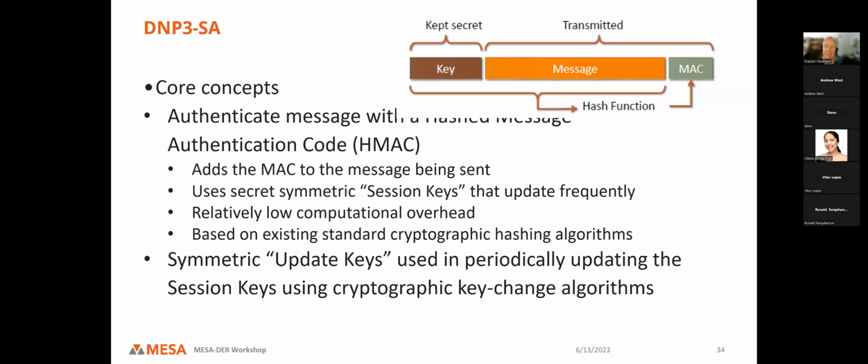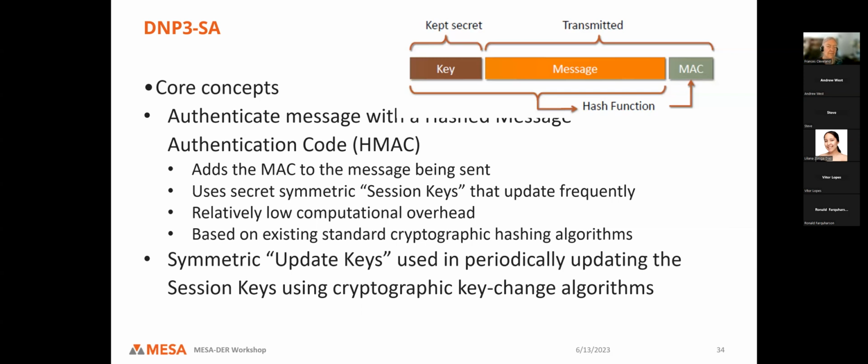So we have established the security trust by having pre-established some information that both ends agree on. Then we can transmit the message and the MAC. The receiving device can also run the same hashing algorithm across their copy of the key and the message, and compare the result with the MAC they received. And if the MACs match, they know that the sending device has the same secret key and that the message has not been interfered with in transit, so not been tampered with. So they can verify the source, they can verify that the message was transferred safely.